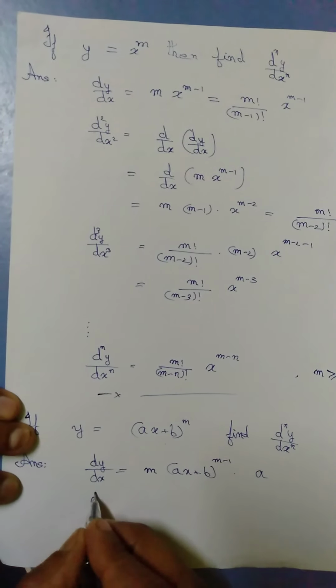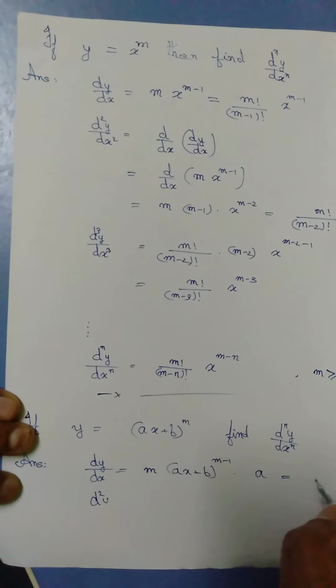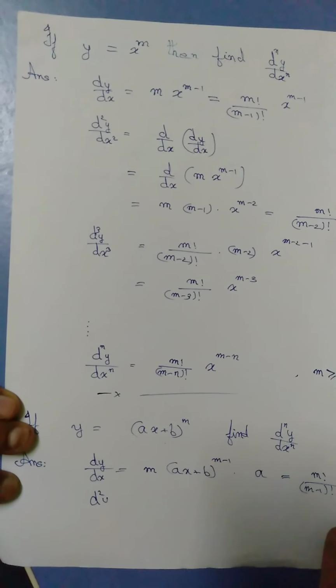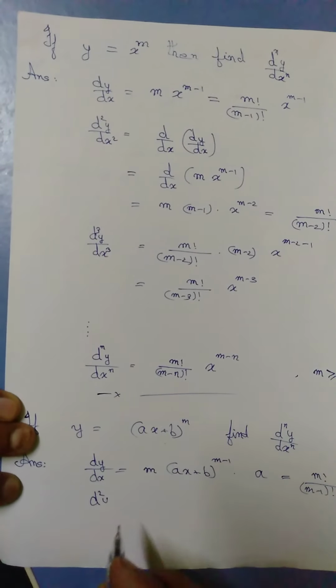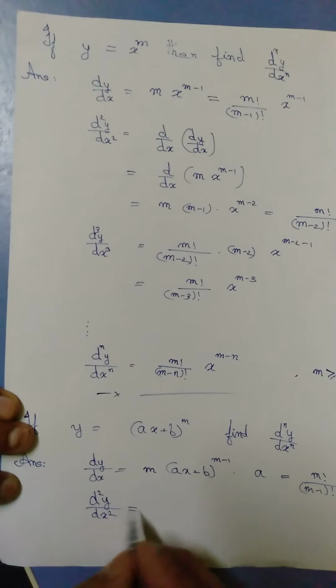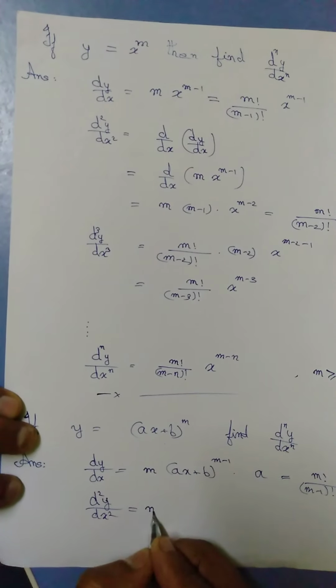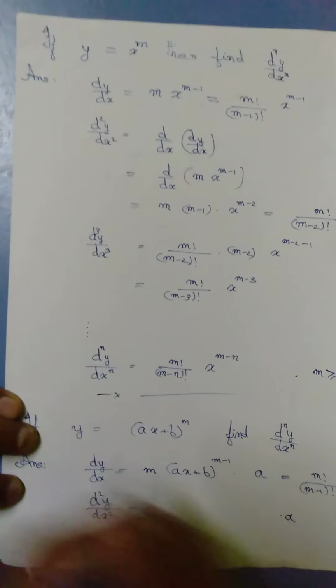What about the second derivative? That can be written as factorial m by factorial m minus 1 into (ax plus b) to the power m minus 1 into a to the power 1. What about d2y by dx square, the second derivative? m as it is, constant as it is. a is also a constant, we write as it is.